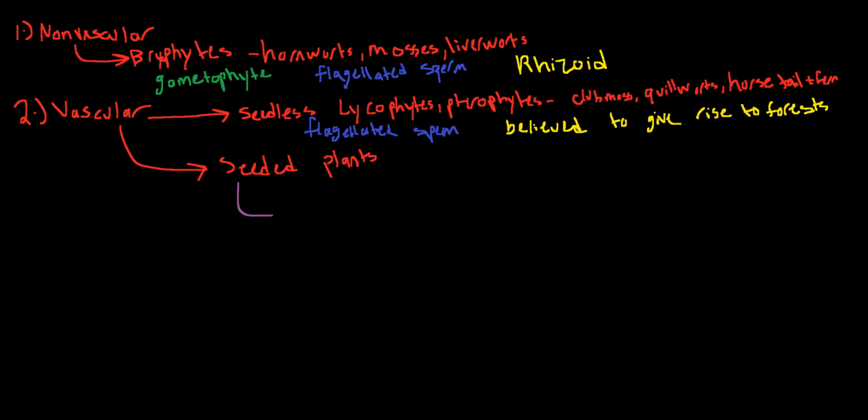Our first type is gymnosperms, and these are your firs, spruce, aspen trees, redwood, pine, and conifers.